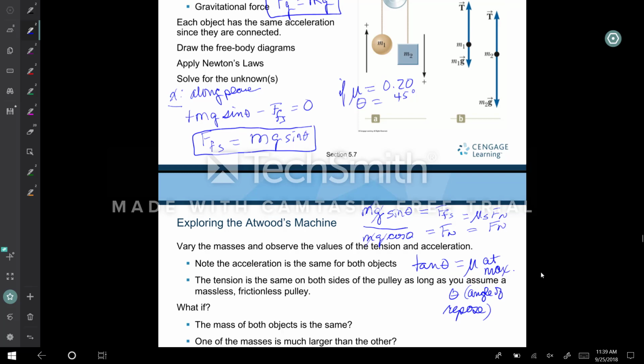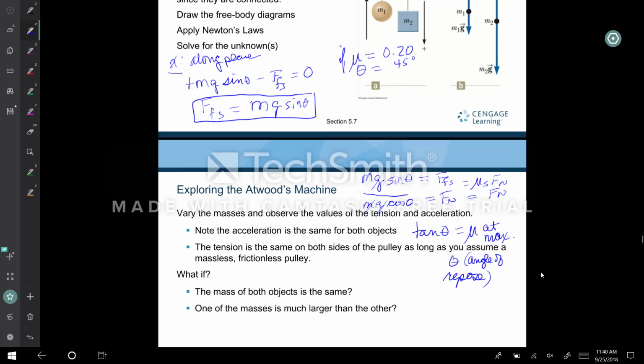Notice the link between the coefficient of friction and the angle at which something begins to slide is independent of the mass. That's because the normal force depends upon mg, and the force that the friction is opposing depends upon mg. So those factors cancel out.